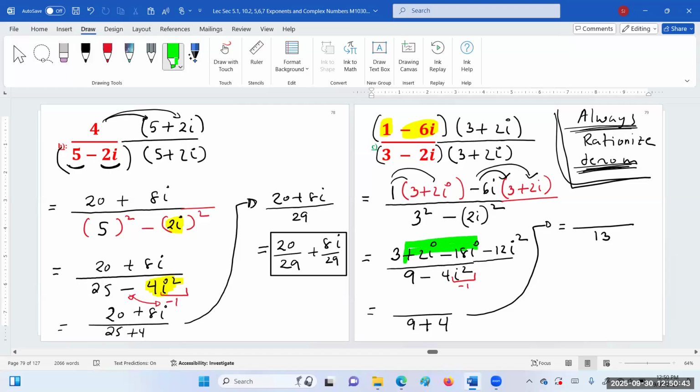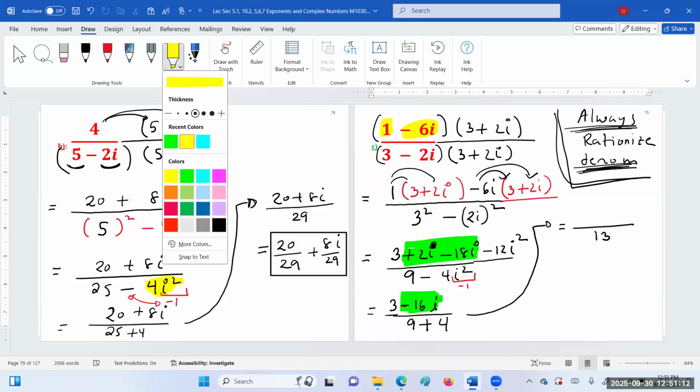What do you observe here? They're like terms. So when you combine, what do you get? 2i minus 18i is negative 16i, the middle term in the combination.